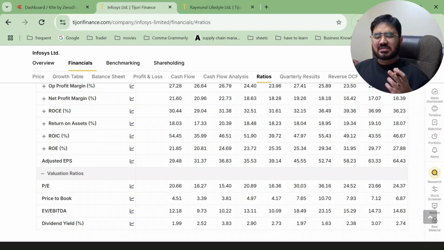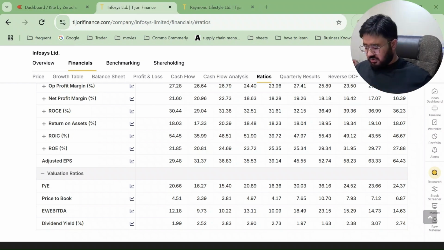Someone would be earning 29% on a lower equity, and someone would be earning the same amount but with a higher equity, so there's a difference. You need to keep that in mind while you compare the ROE of different companies.